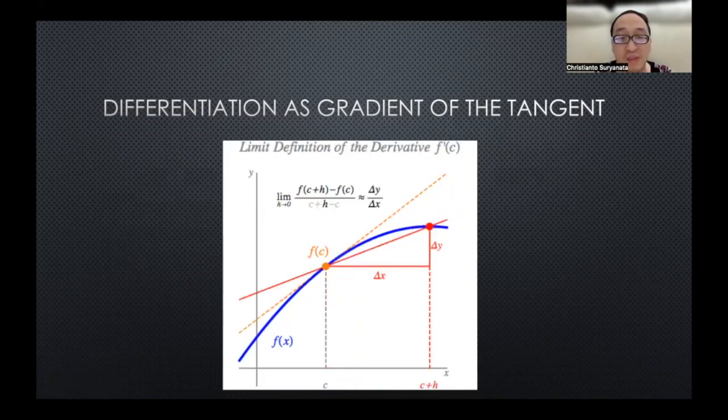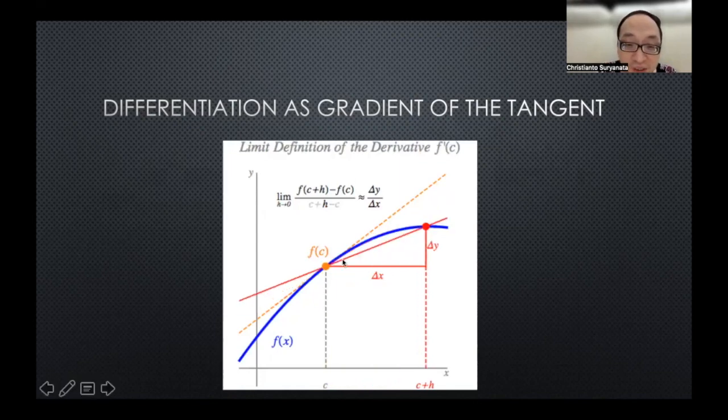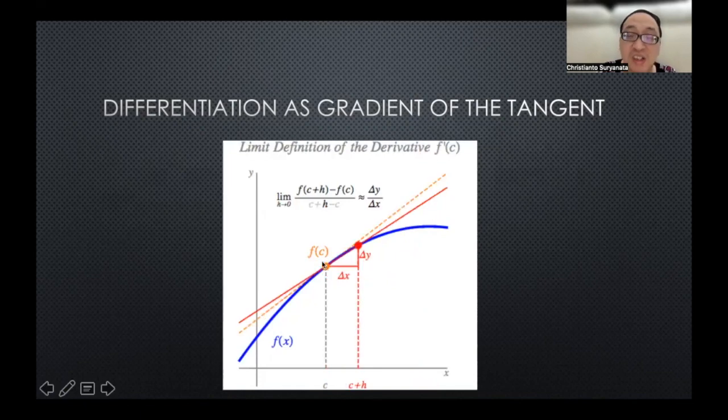As in the previous video, when finding the tangent of a graph, we were introduced to differentiation. So the first derivative of a function is the gradient of the tangent, and we can find the gradient of the tangent using differentiation.